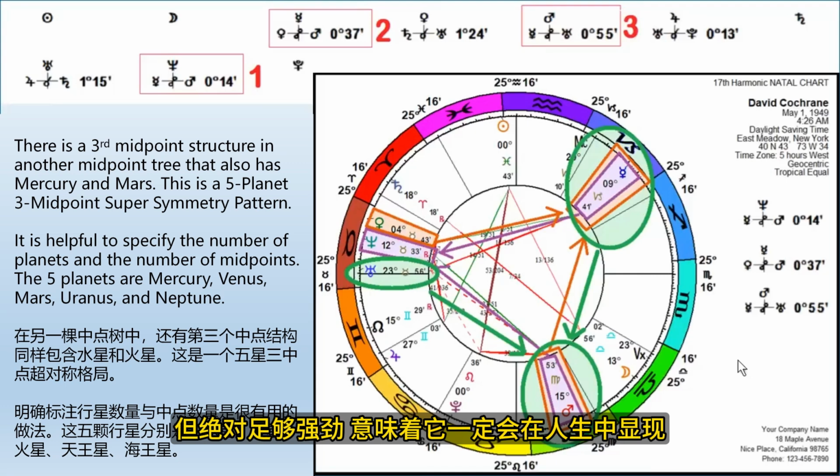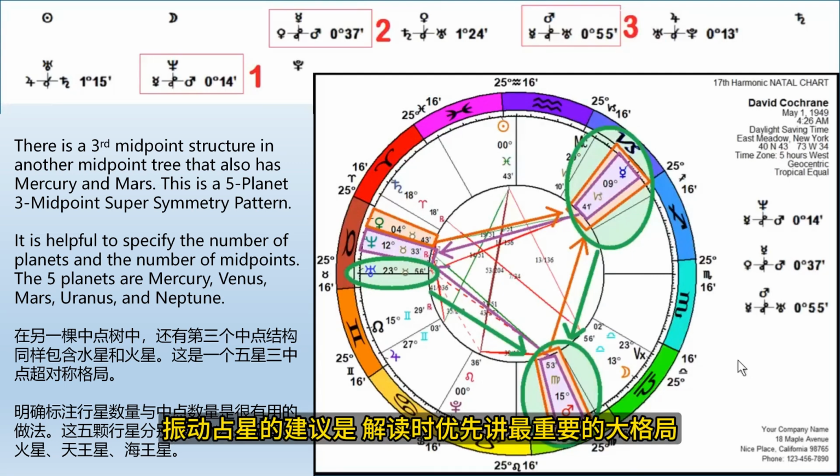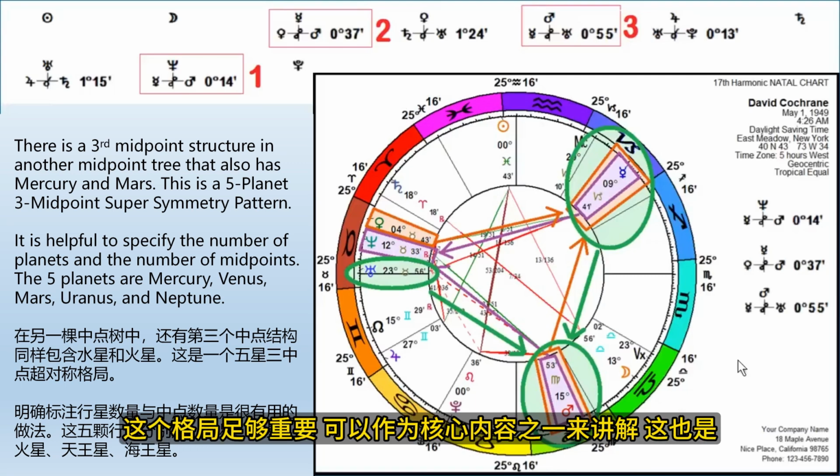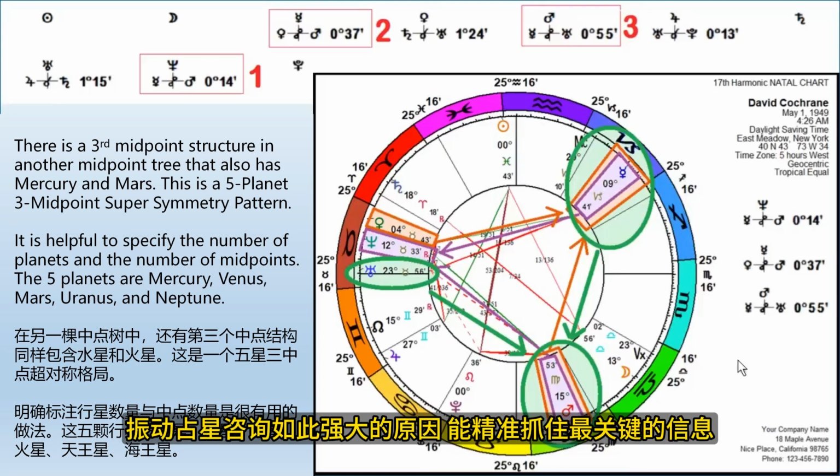When a configuration is this strong, you can talk about it to the client. What we recommend in VA is you talk to the client, you ask questions or give the reading or however you like to do it by bringing up the biggies. This is big enough that you could start talking about it as one of the major things going on. And that's why the VA consultation is so amazing, because you pick up on the biggest things.